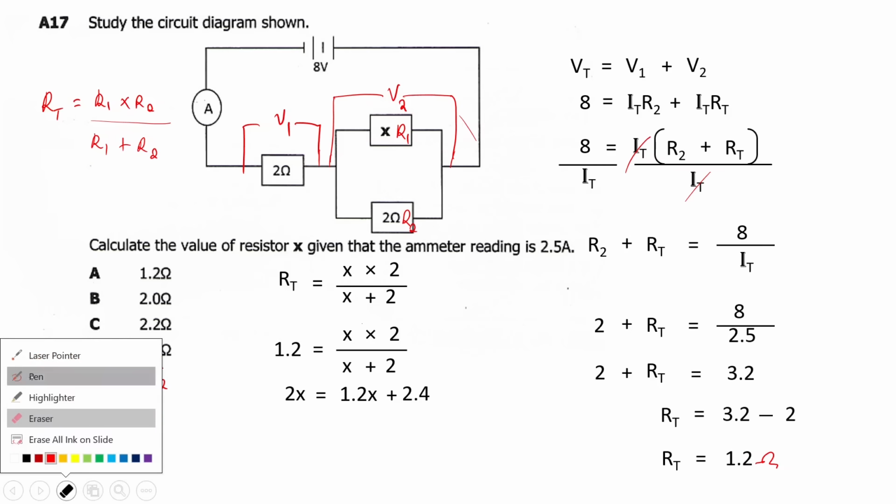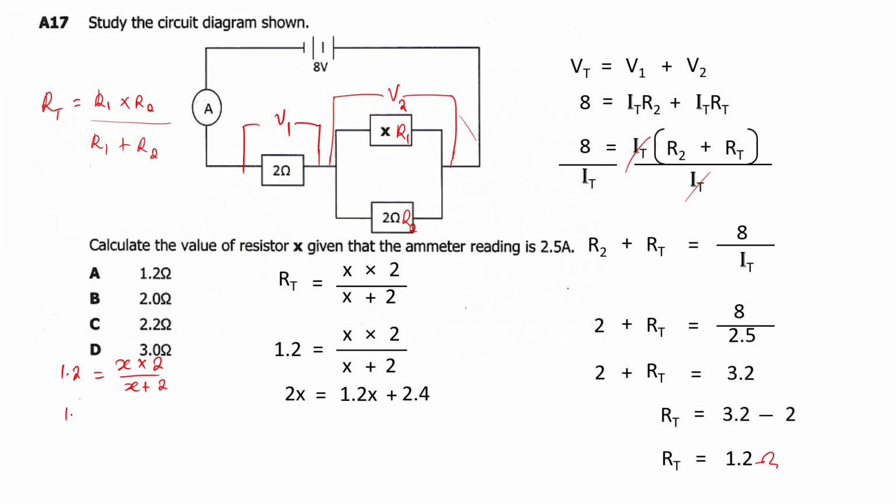was to say 1.2 is equal to X times 2, I mean X times X, you get 2X. Then here you remain with X plus 2. Then here I said over 1 so that I can get rid of the fraction.